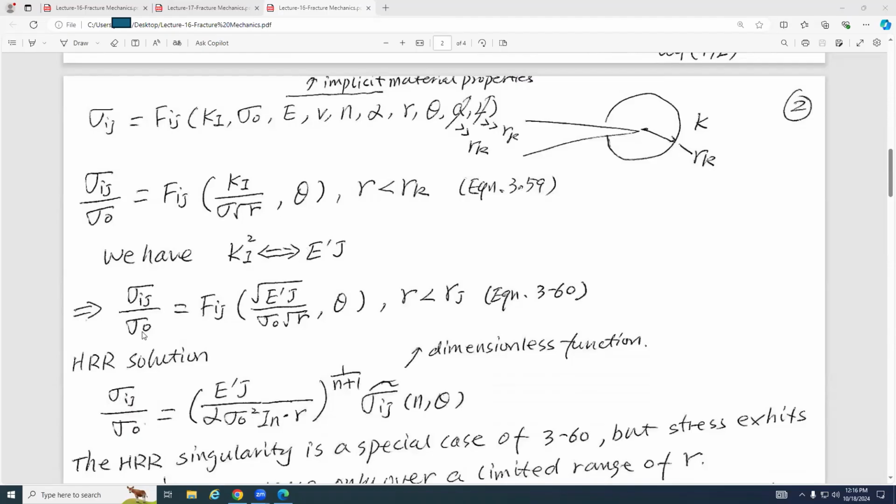So sigma ij divided by sigma zero, we can express the ratio of these two using E prime, the effective Young's modulus, and the J integral value, where sigma zero is the reference stress, R is the distance between the point of interest and the crack tip, and this is theta. This is for R less than Rj, where Rj is the radius of the J controlled area. You understand, guys?